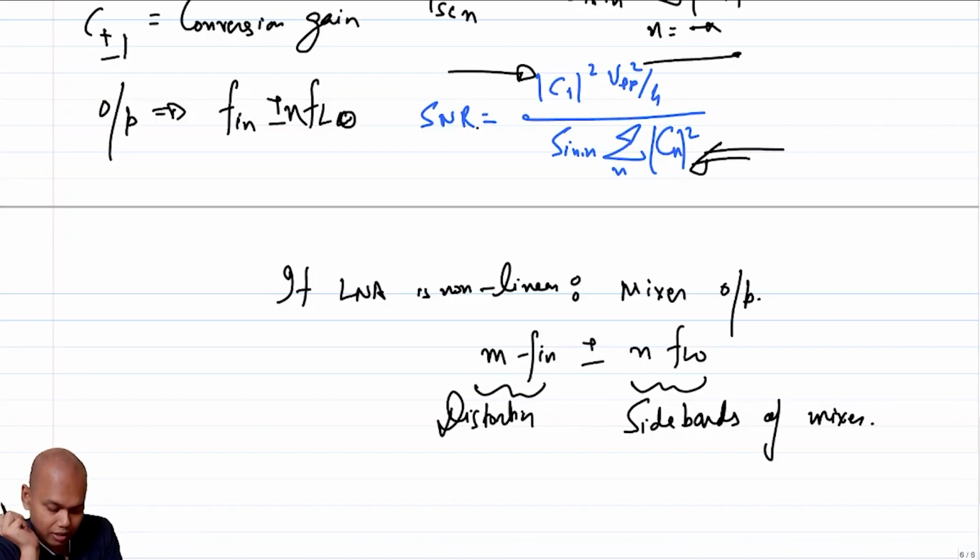If the input is at Fin and you want to find out the strength of the signal around Fin at the output, then you say N should be equal to 0. But if your input is Fin and you want to find out the strength of the signal around Fin minus FLO, then you have to tell the simulator that N should be equal to -1.